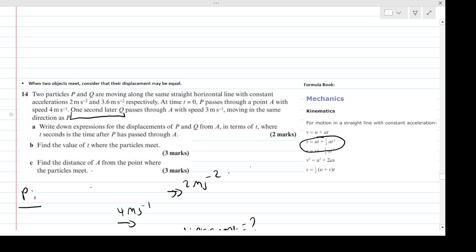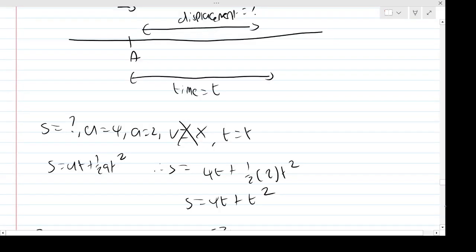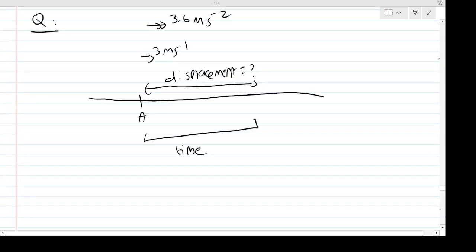So that means Q is 1 second behind P. Which means if P is moving for t seconds, Q, if it's 1 second behind, has to move for time t minus 1. Okay, t minus 1 second. Because Q reaches A, the same point, 1 second after P, so it's 1 second behind. So the time is t minus 1. Okay, hopefully that made sense.